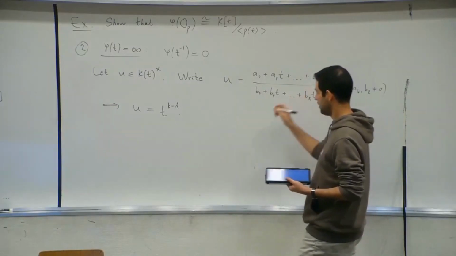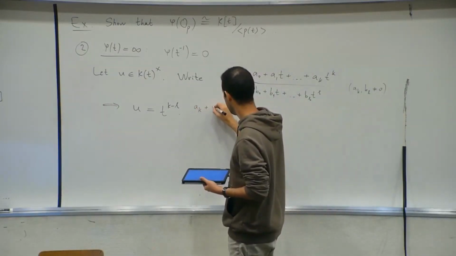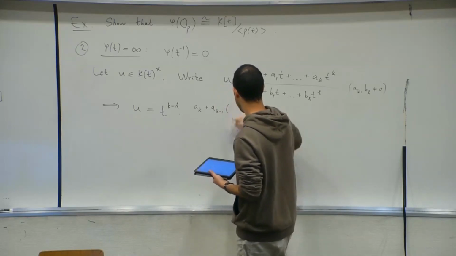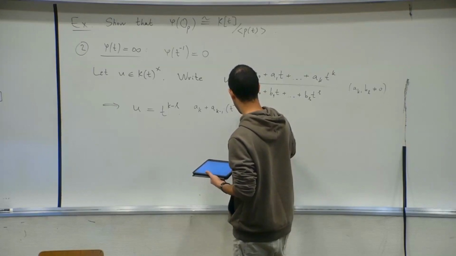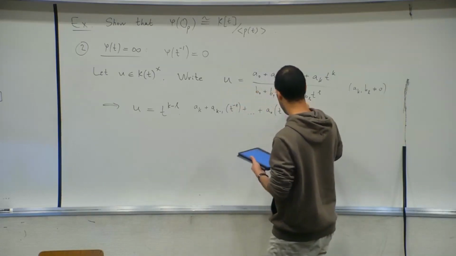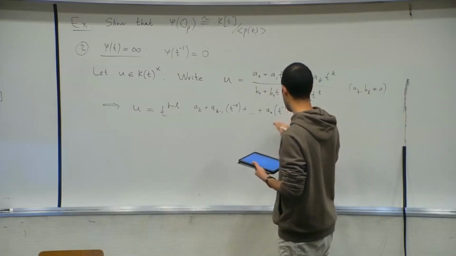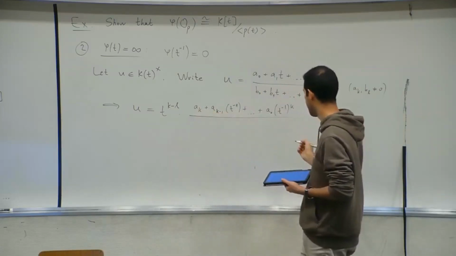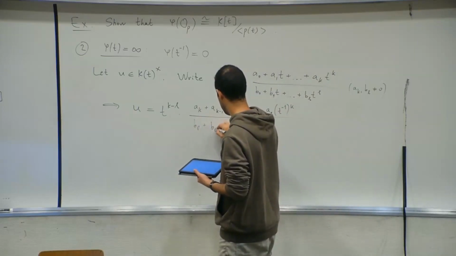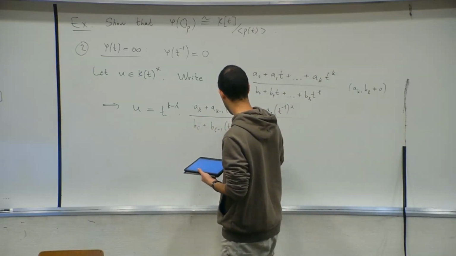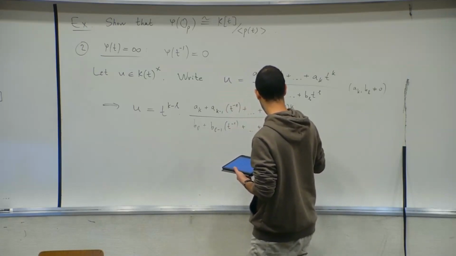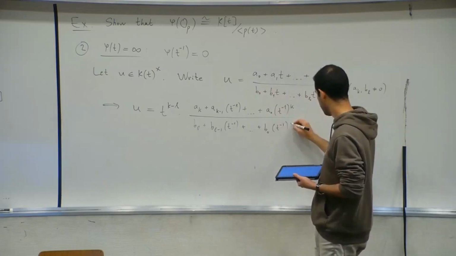So here we get A_K plus, okay, it's just a calculation, so you can ask me or check, plus A_0 T^(-K), over B_L plus B_(L-1) T^(-1) plus B_0 T^(-L).